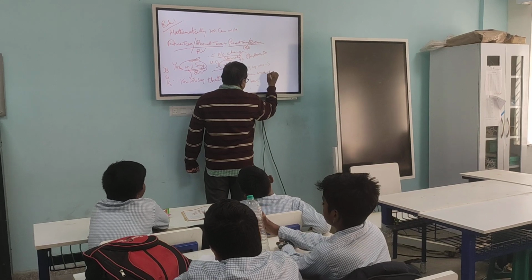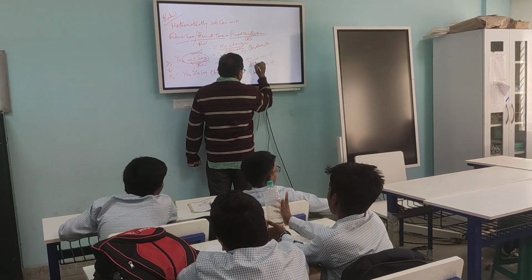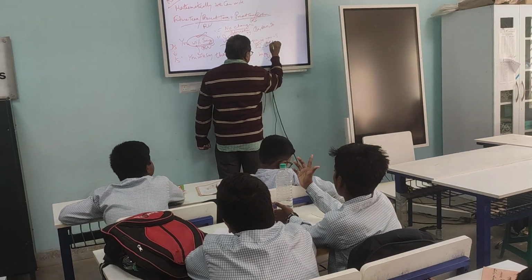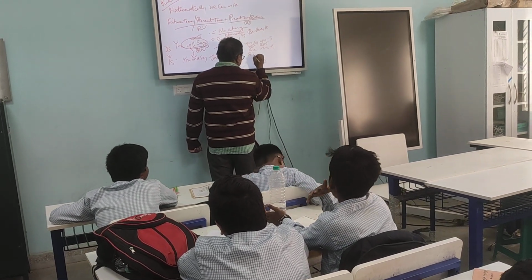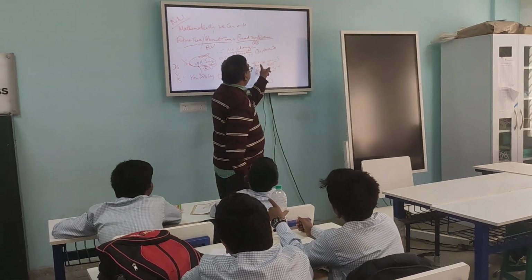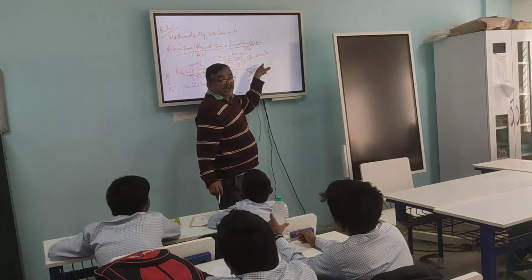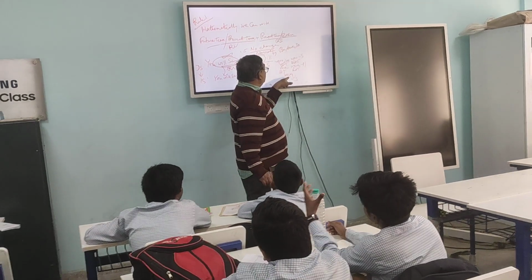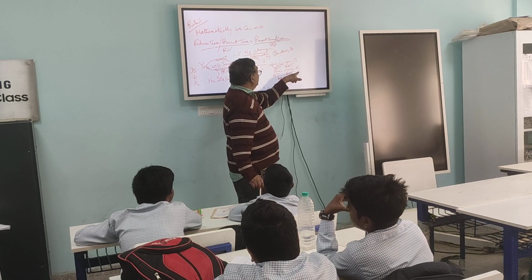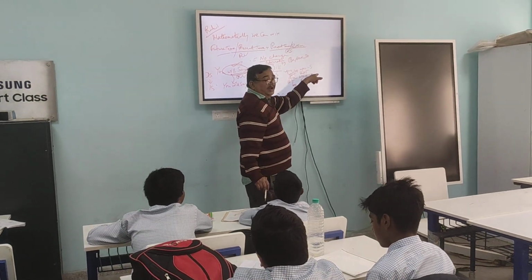Singular number, plural number, past participle, present tense, past tense. Am and is are used for singular number present tense, was for singular number past tense, are for plural number present tense, and were for plural number past tense.